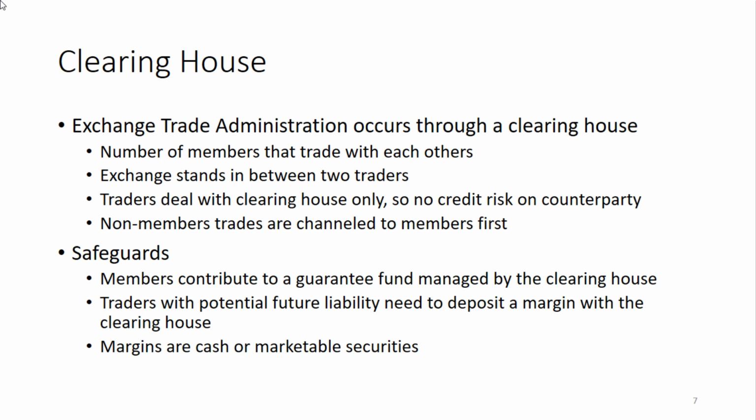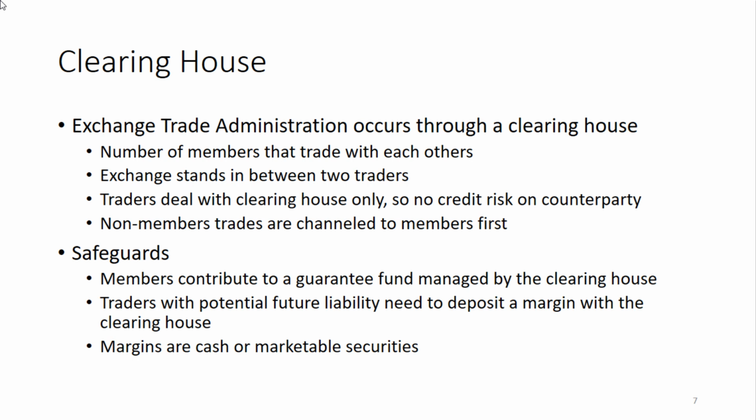Well, if that risk is with the clearinghouse, then that risk needs to be mitigated. So what are the safeguards for the clearinghouse in order to assure that it will never, or almost never, be exposed to risk? First of all, this specific group of traders that we call members of the clearinghouse will contribute dollars to a guarantee fund, and this guarantee fund will be with the clearinghouse.